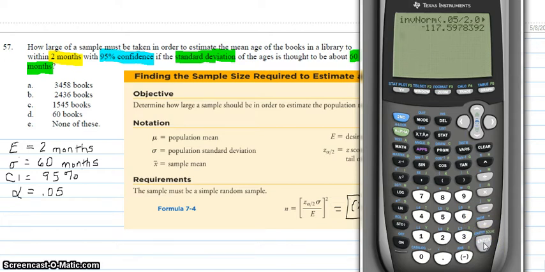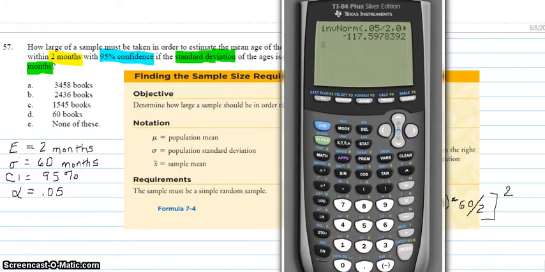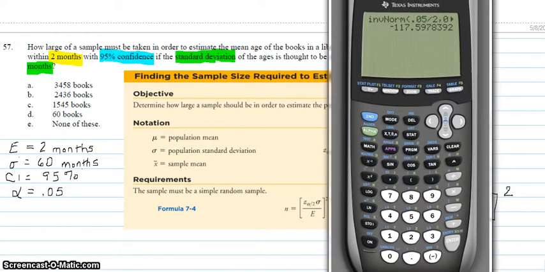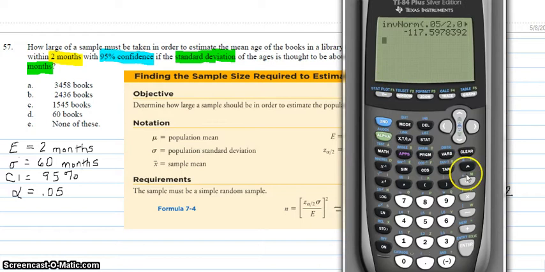That's only the first part of our answer. That's this top part of our answer right here. We now need to divide by E, the margin of error. So we're going to divide that by 2.